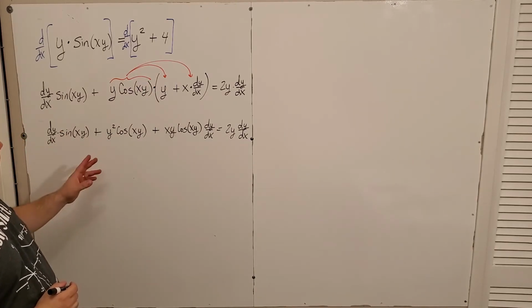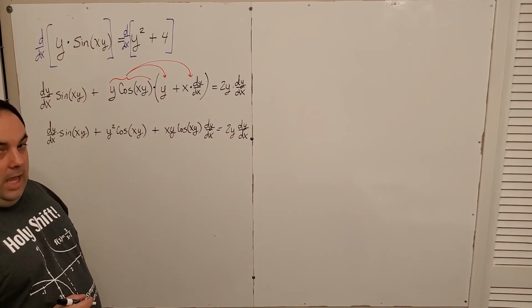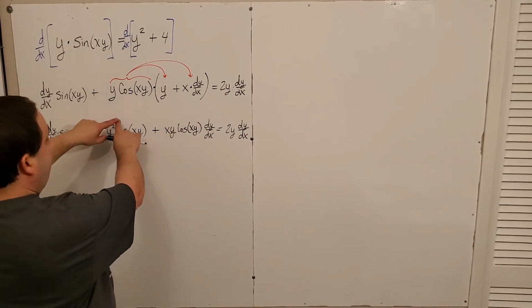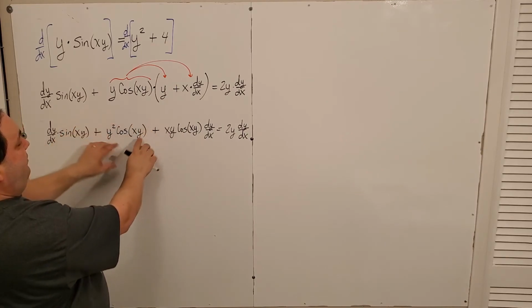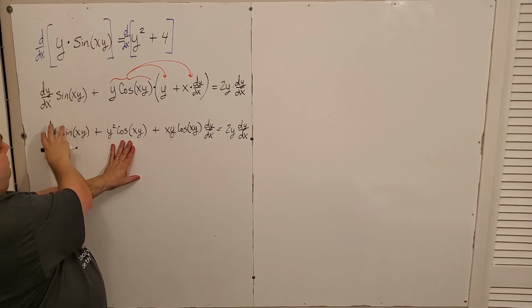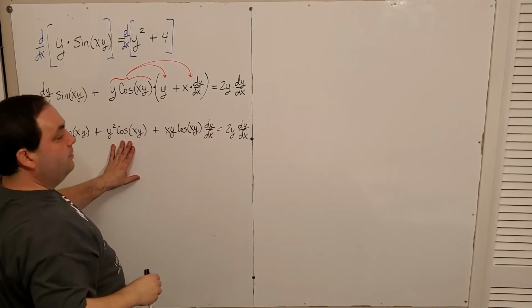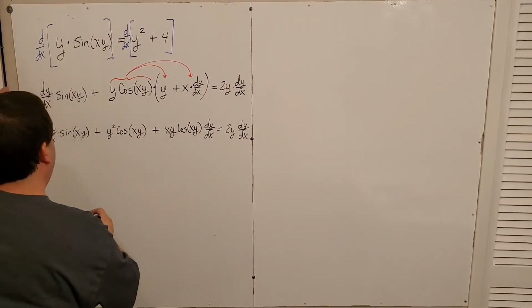Everything with a dy/dx should be together on one side. So this is the only term that does not have dy/dx. I'm going to take this piece and subtract them to make them come out on the right-hand side.